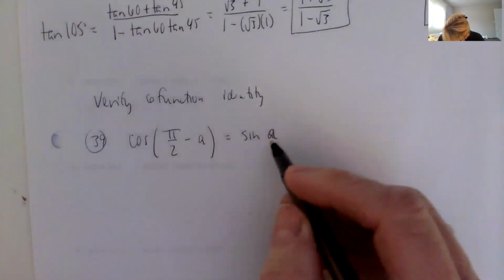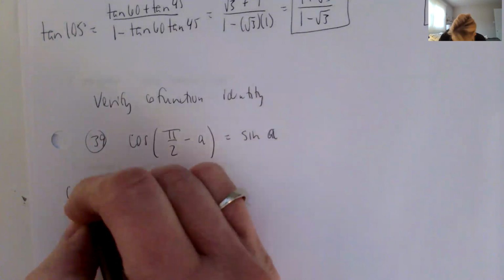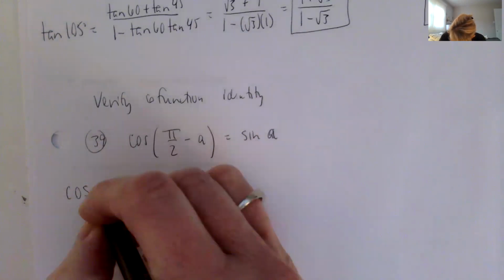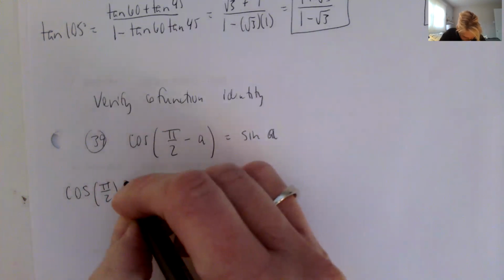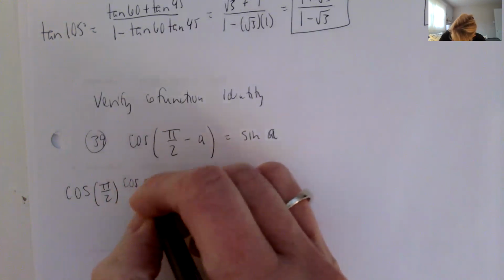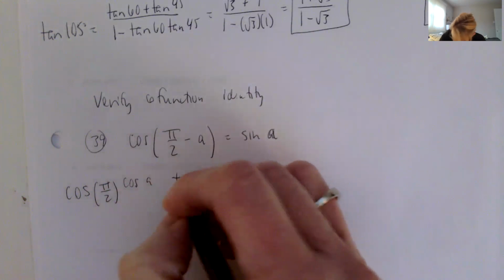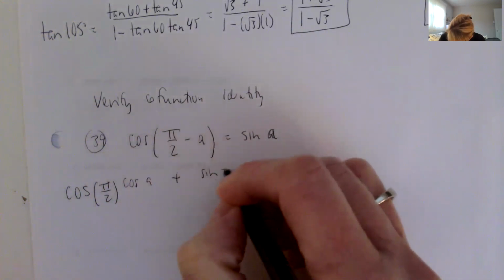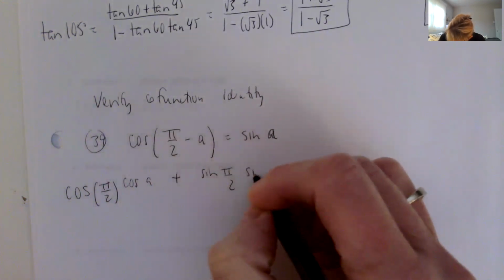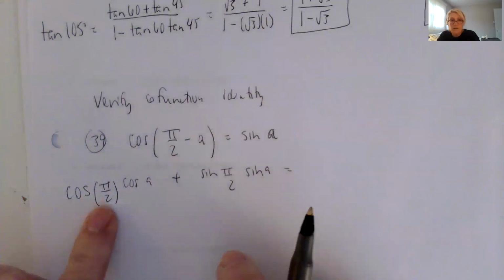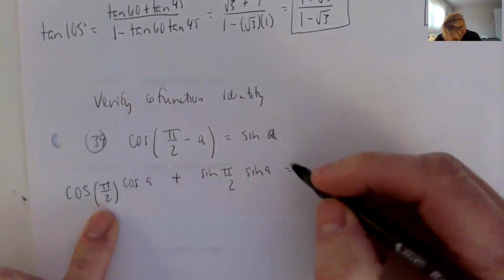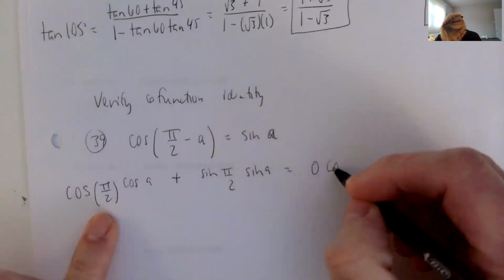So cosine pi over 2 times cosine of A plus sine of pi over 2 times sine of A. Cosine of pi over 2 is 0.